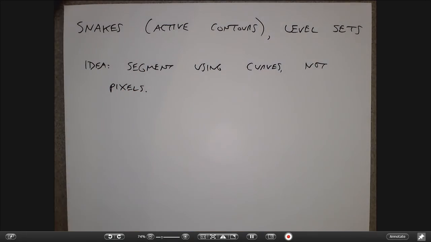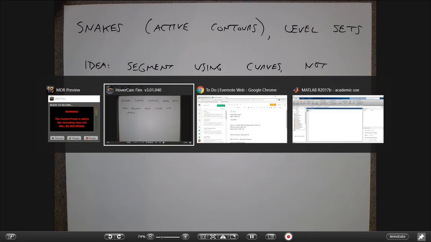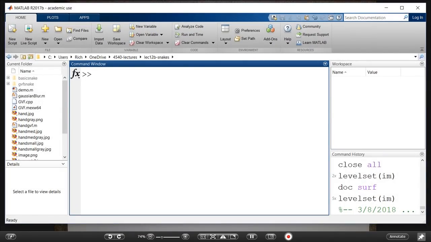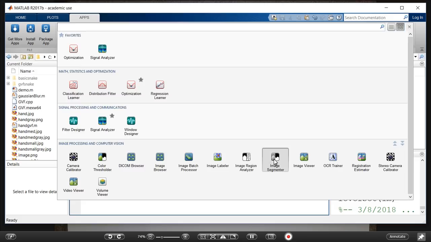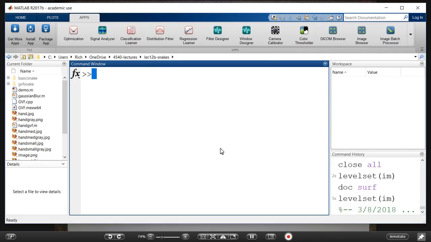To whet your appetite, let's do an example to show where we're going. I'm going to use the same app that I used in the last lecture, this image segmenter in MATLAB, which I think is in most recent versions of MATLAB.